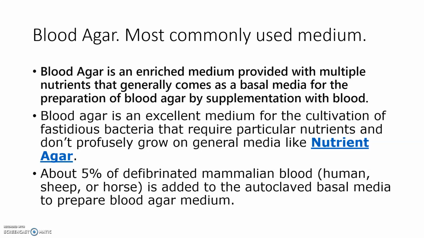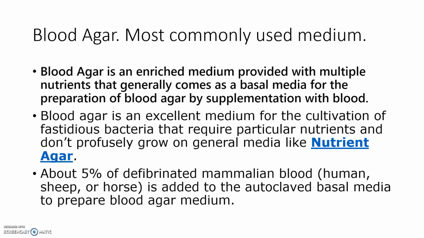Next most commonly used medium is blood agar. Blood agar is an enriched medium provided with multiple nutrients. This medium consists of more than one type of nutrient that generally comes as a basal medium for the preparation of blood agar by supplementation with blood.